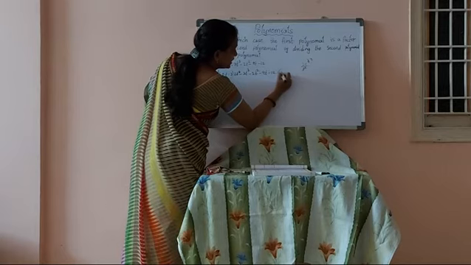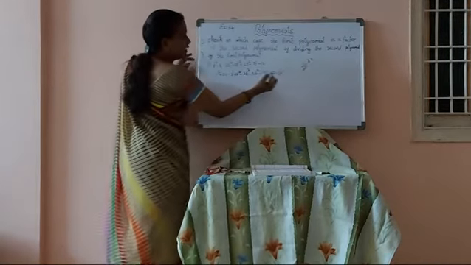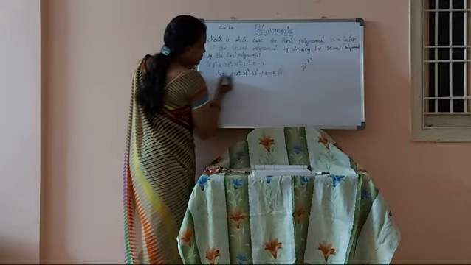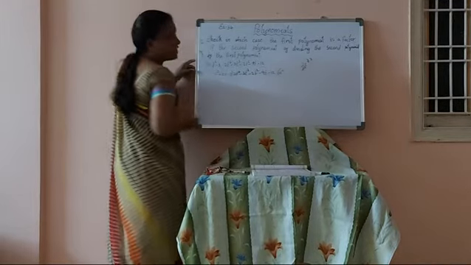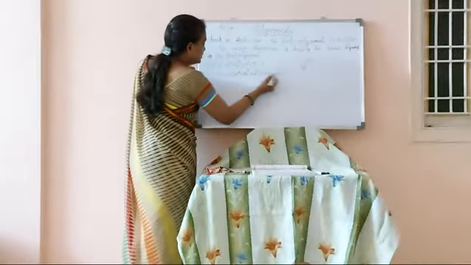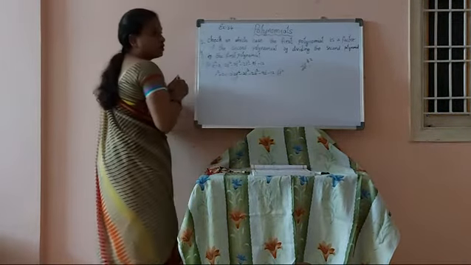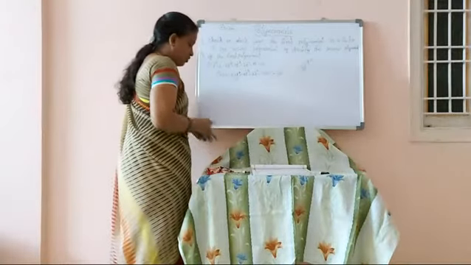Multiply this term with each and every term of the divisor. 2t square into t square is 2t power 4.